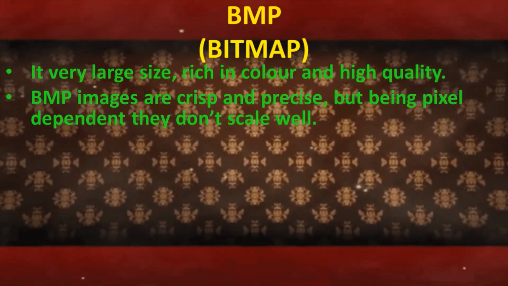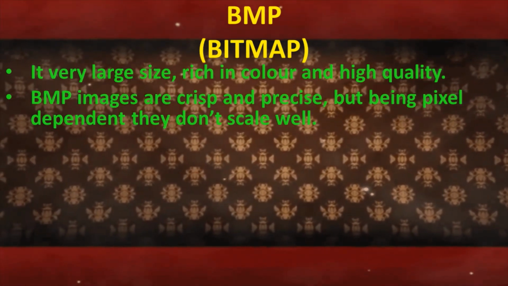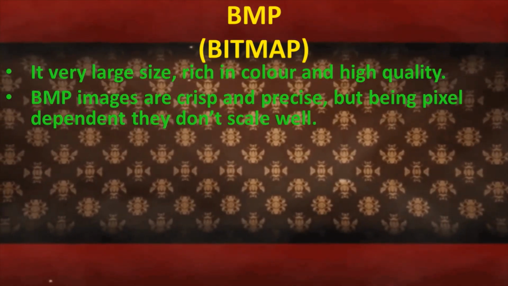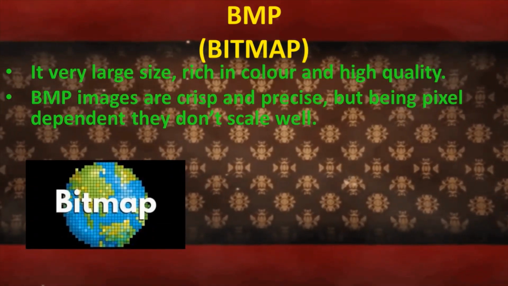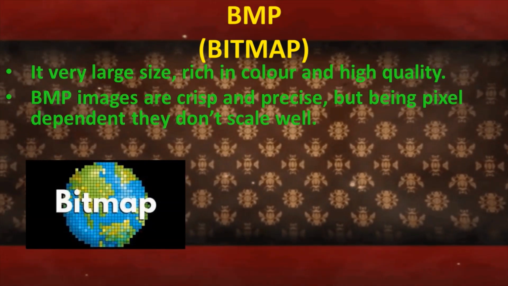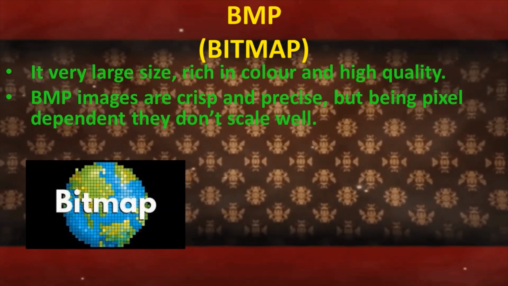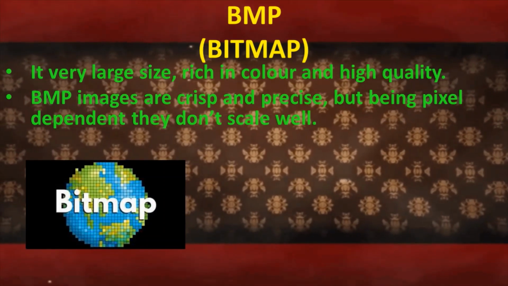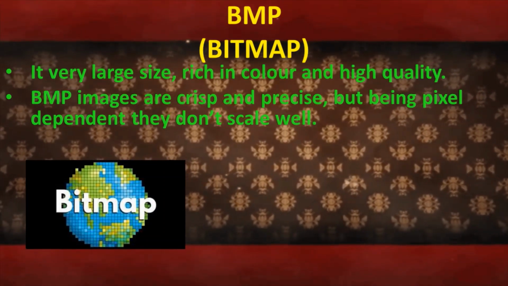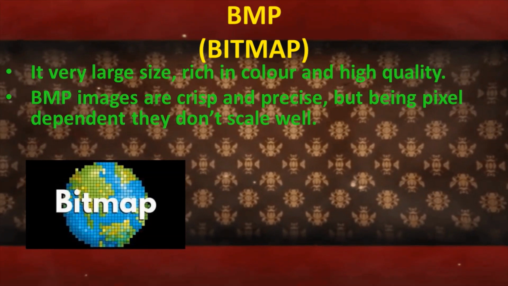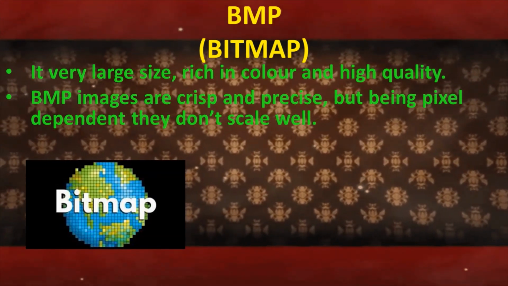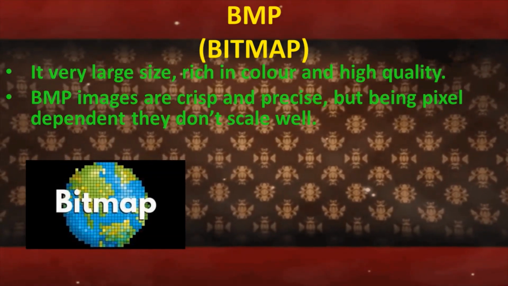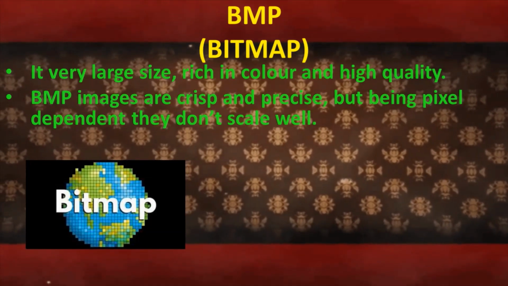But that file is saved as pixels, so whenever you zoom or increase the size of a file, you will see your file like this. That means small squares will be visible whenever you zoom or resize your BMP image.